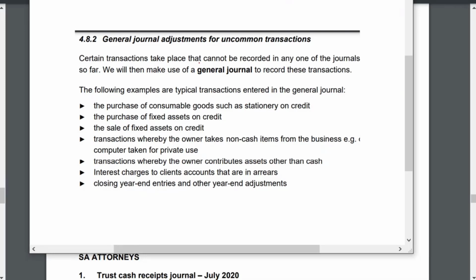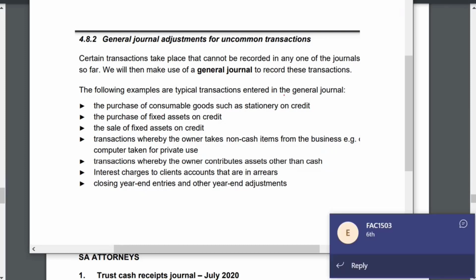But in this, it forms part of which bullet point? 1, 2. So there's about 7 points here. So this forms a part of which point? The following are examples of typical transactions entered in the general journal.